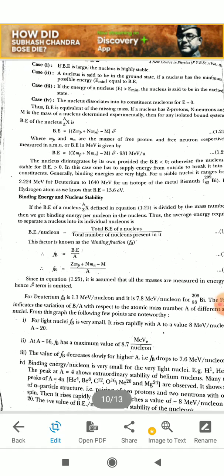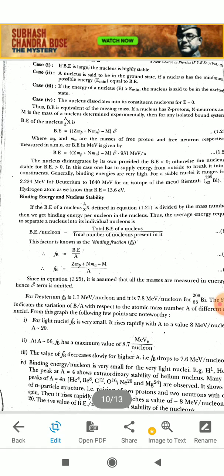From this graph, if we calculate the binding energy for all the nuclei, we can infer some points. For the light nuclei, the binding energy per nucleon is very small.